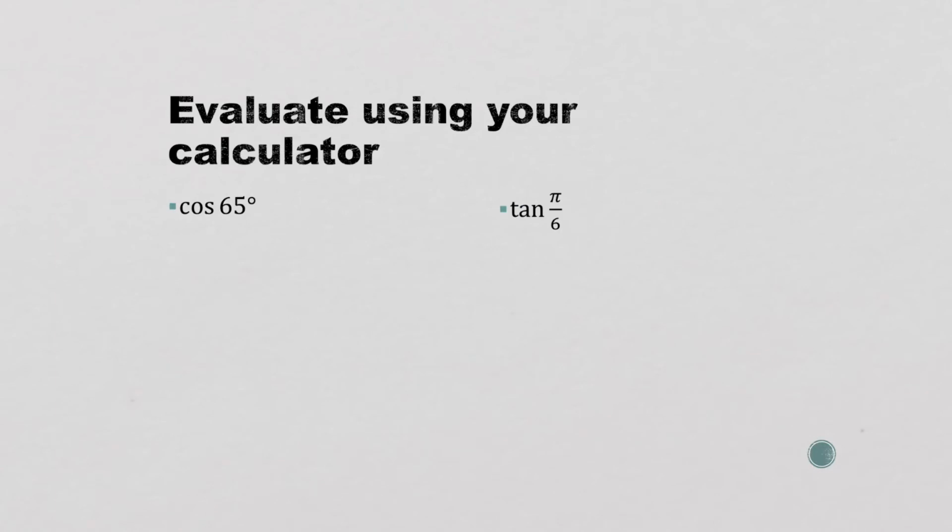Evaluate using your calculator. Well, here I have two different issues. First, this value is given in degrees. This value is given in radians. So you must make sure your calculator is in the correct mode.